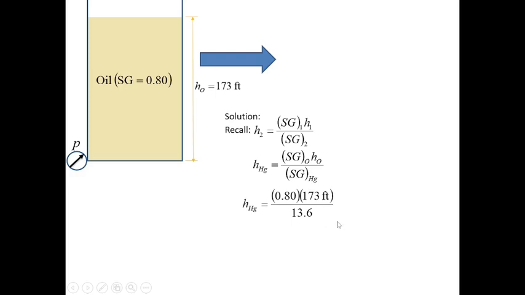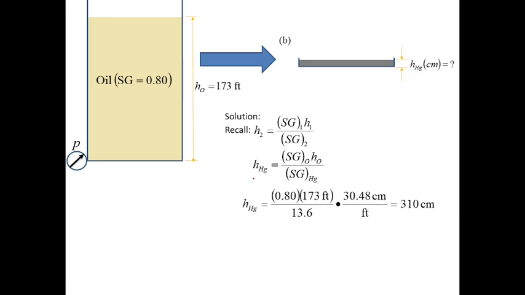So we have 0.80, the specific gravity of oil, HO, 173 feet, then the specific gravity of mercury is 13.6. Multiply that by 30.48.